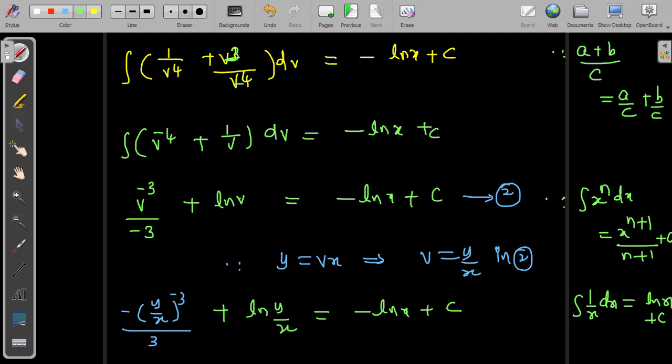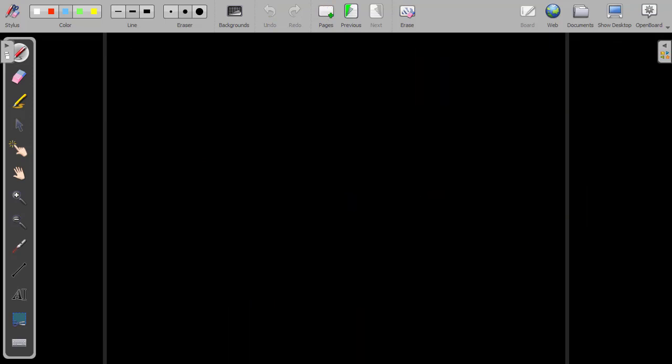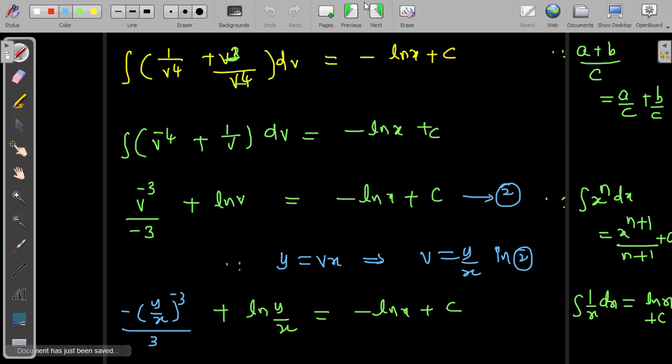So we can extend one more step, or we can stop over here. We can further simplify this step by writing ln y minus ln x. Ln x cancels out, and you are left with ln y equal to c. Here the first term could be written in one more step as minus 1 by 3, so y by x to the power positive 3, plus again ln y by x.